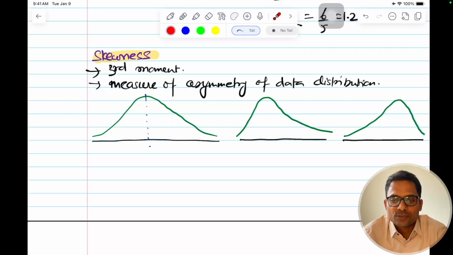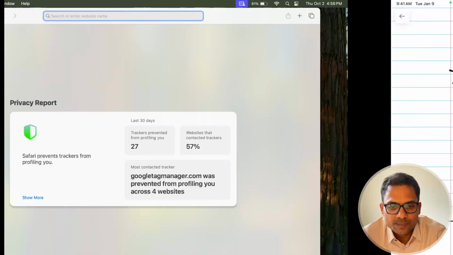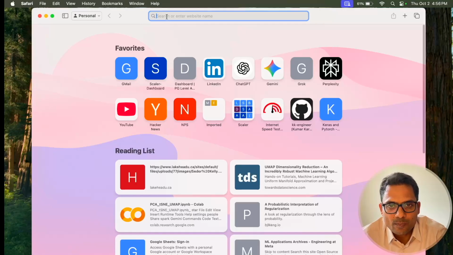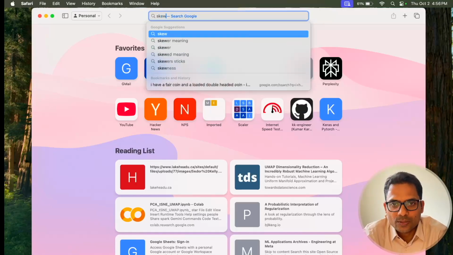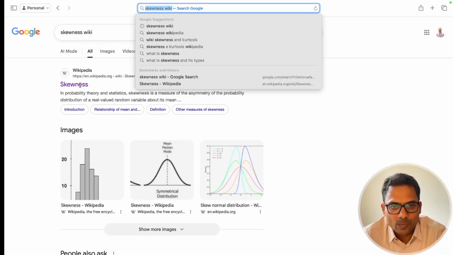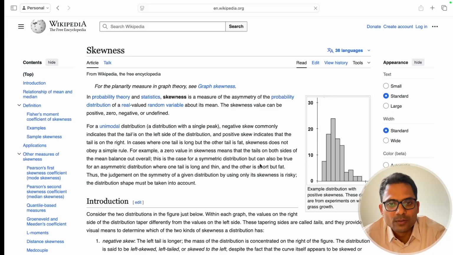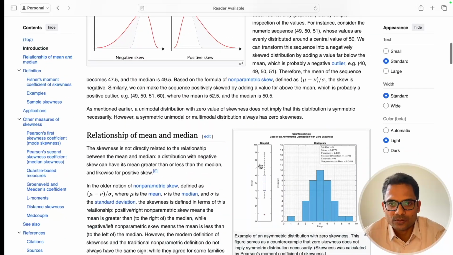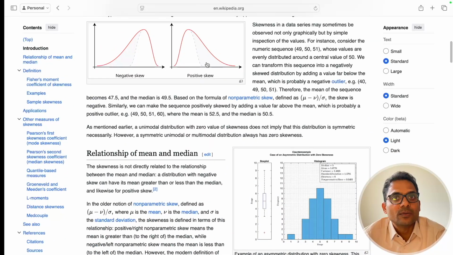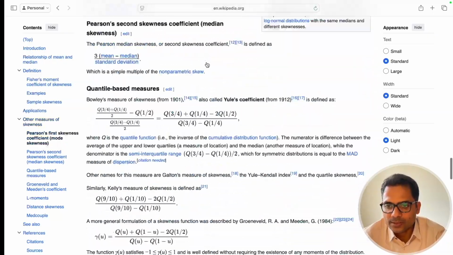My go-to place is Wikipedia, so let me show you Wikipedia, just a minute. Skewness. I'll take the diagrams from here and then show you. It's very good, refer to Wikipedia, as I mentioned earlier also. Here it shows negative skew, positive skew. There's one more good diagram here at the bottom somewhere I saw.